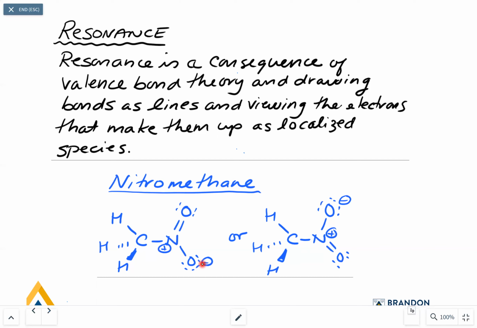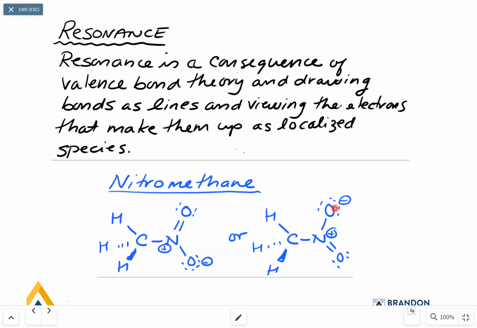And if we draw nitromethane in this fashion, it would seem to us, if we followed that logic, that the bond between this nitrogen and this oxygen should be shorter than this one because this is a double bond and this is a single bond. But is that the actual molecule of nitromethane? Why did we mysteriously choose this oxygen to have the double bond? Why not this one?